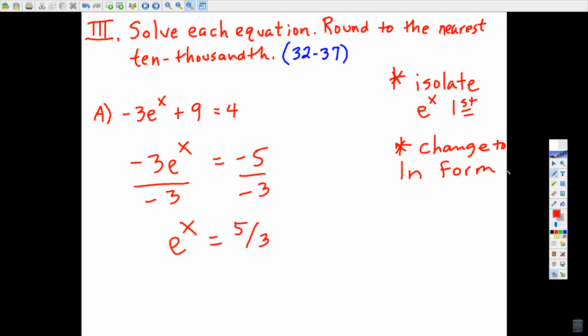Get e to the power by itself, and now I want you to write this as a natural log equation. Whitney, can you tell me what that would look like as a natural log equation? Good.